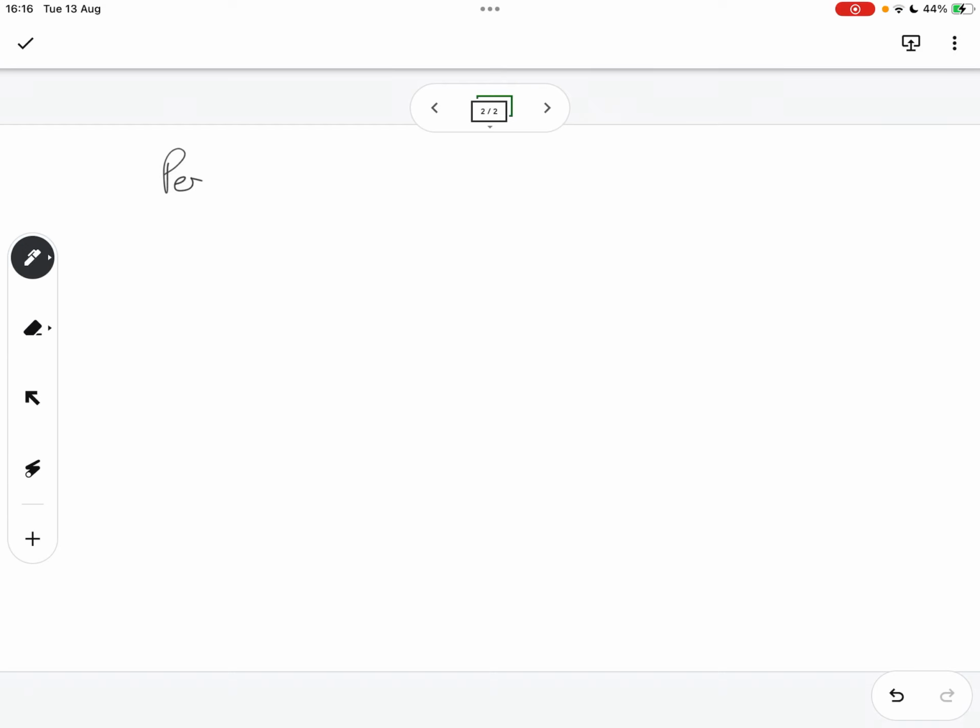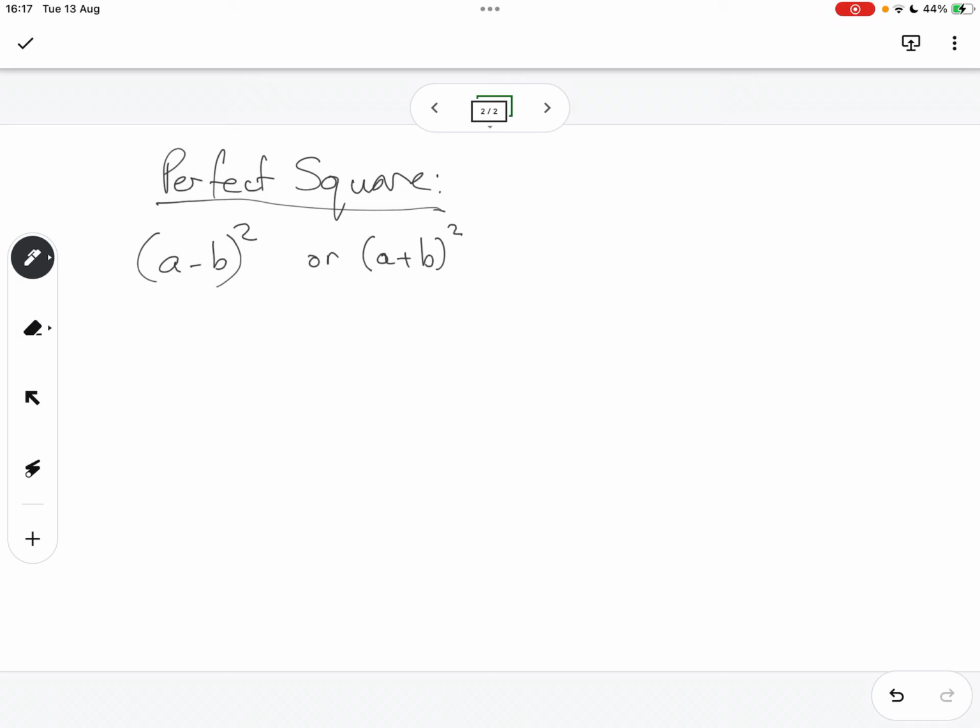So a perfect square is (a minus b) all squared, or (a plus b) all squared. The reason for this is because there is a very straightforward way of squaring these.